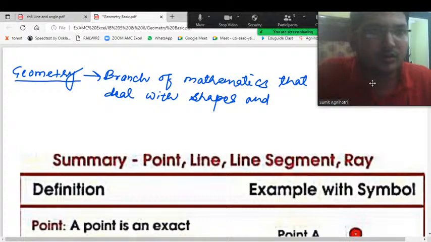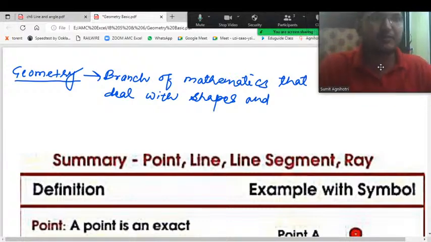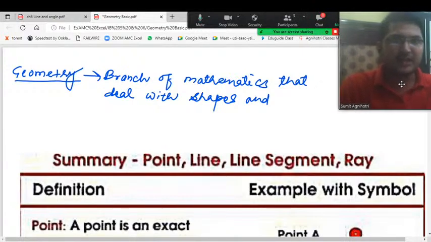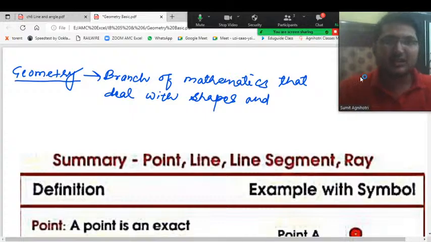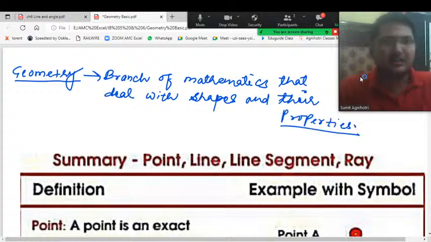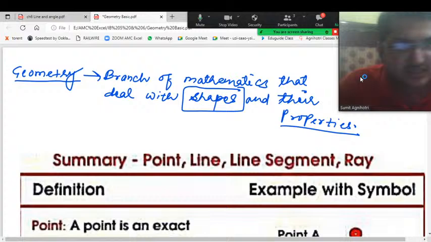So we can broadly define it as a branch of mathematics that deals with shapes and their properties. You can just define it like this: shapes and their properties. Under different shapes, we will consider line, point, line segment, rays, two-dimensional figures.